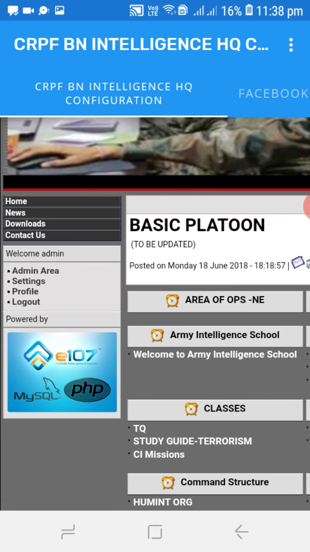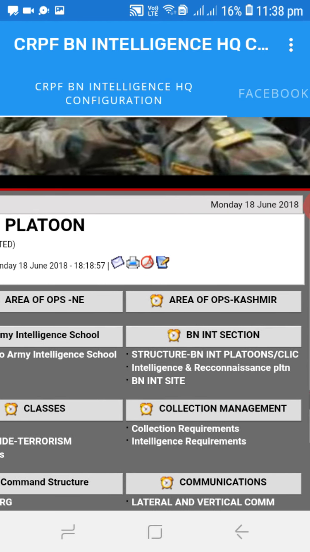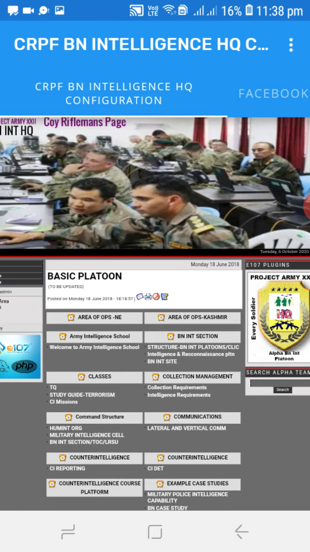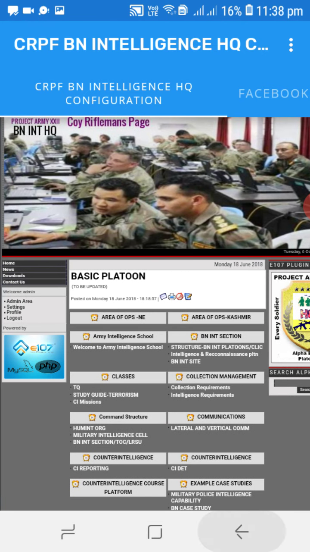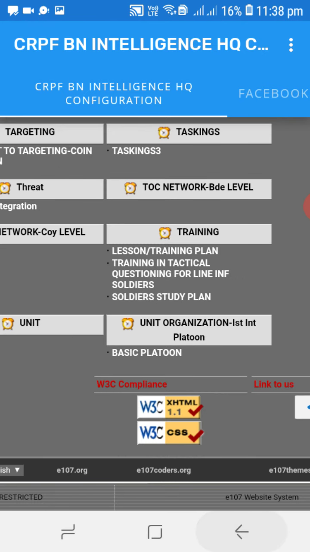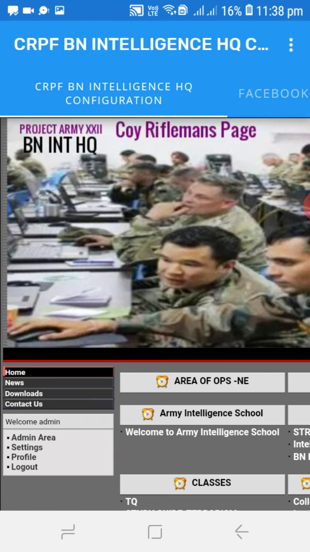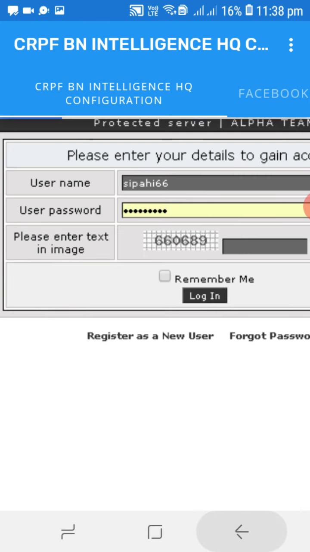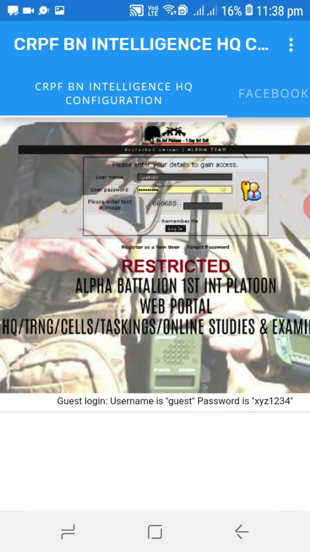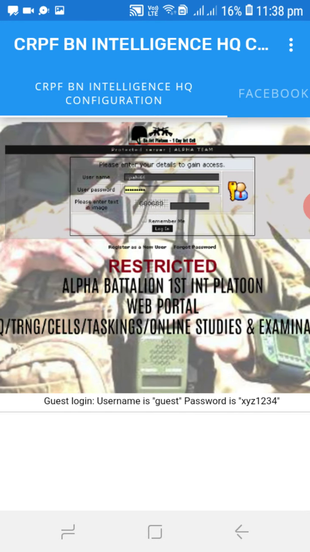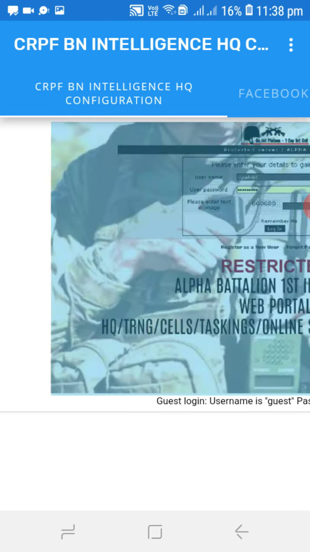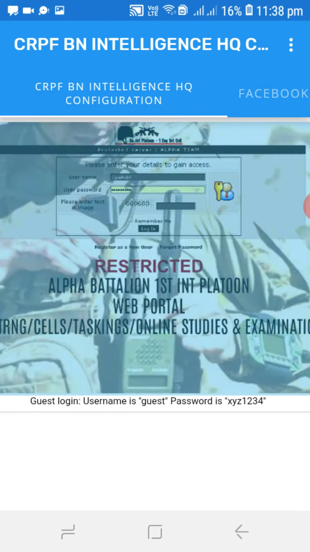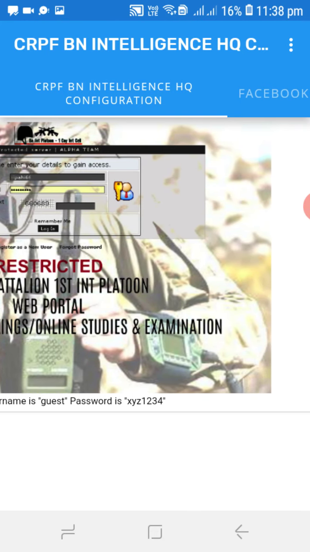There is a complete communication system inside this portal. Similarly, I've created portals up to brigade level so that they can all interact. This is the Alpha Battalion first intelligence platoon web portal for headquarters, training, cells, taskings, online studies, and examination.